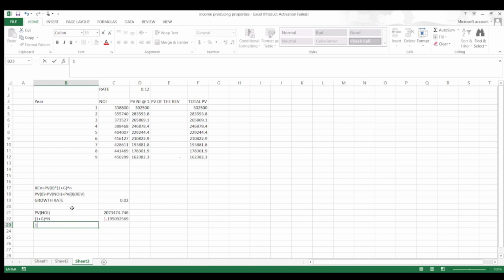So we can also calculate that, which in this case will be 1 divided by 1 plus our rate here raised to 9.